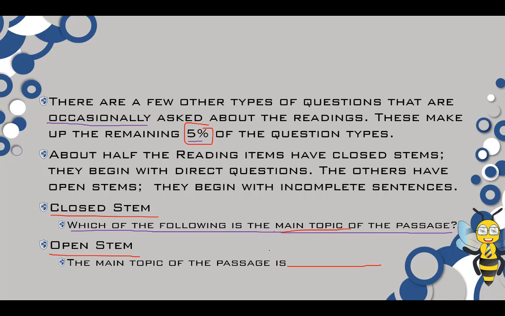An open stem is like, the main topic of the passage is, and you have to complete this sentence. So we will have about 50% of each type of question.